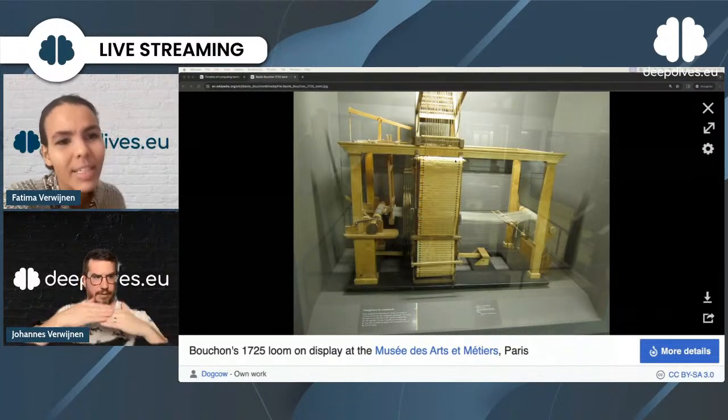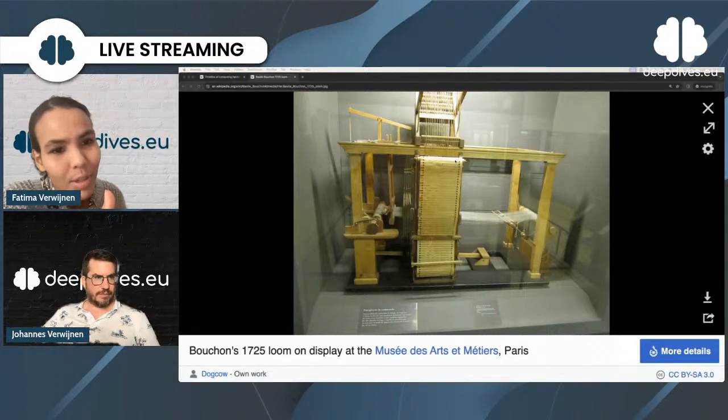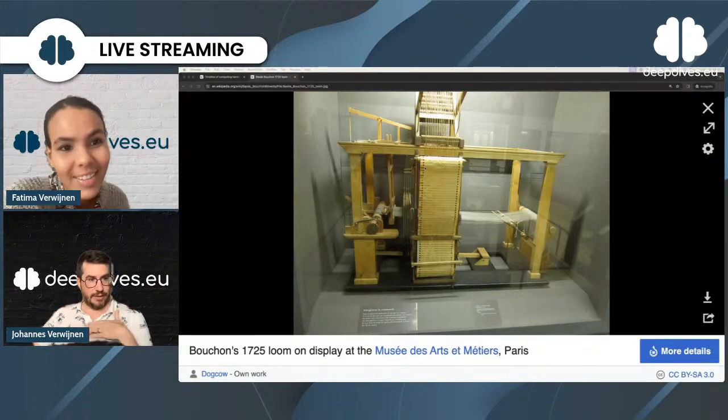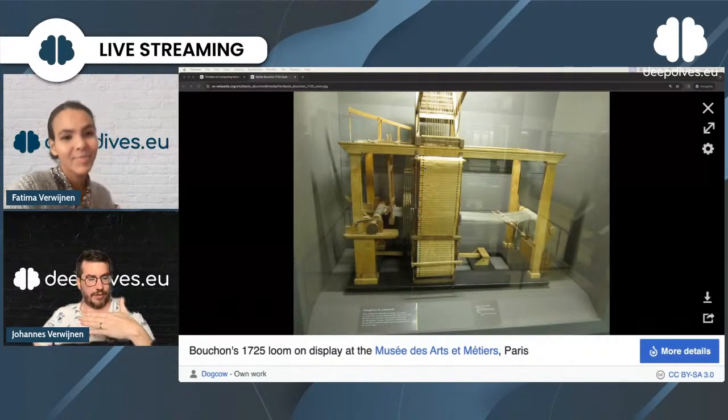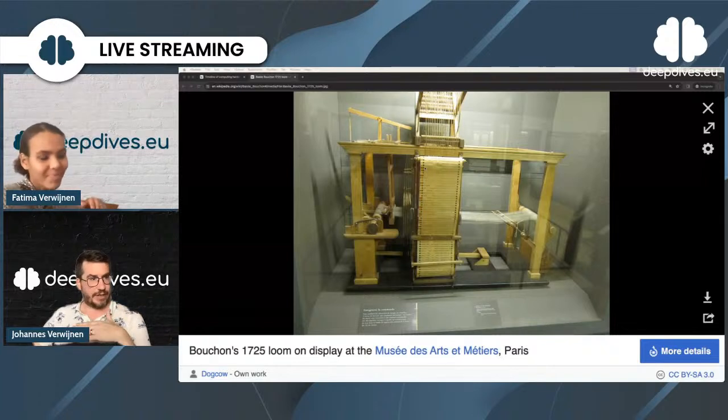Is that the same idea as an electric signal going through? Exactly. But it's not a block, it's a textile. So we're making a pattern using different colored threads.